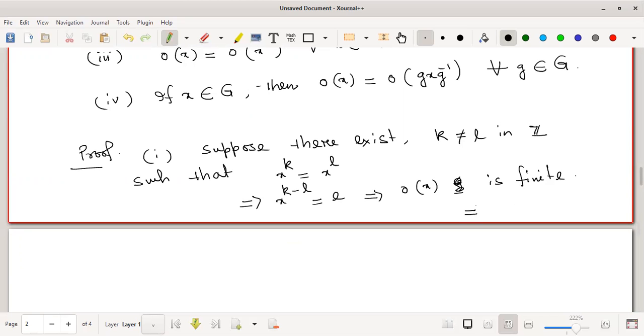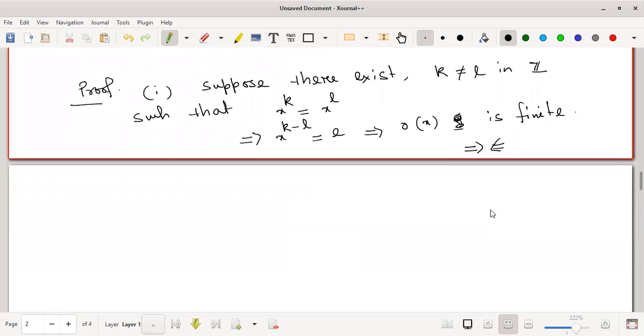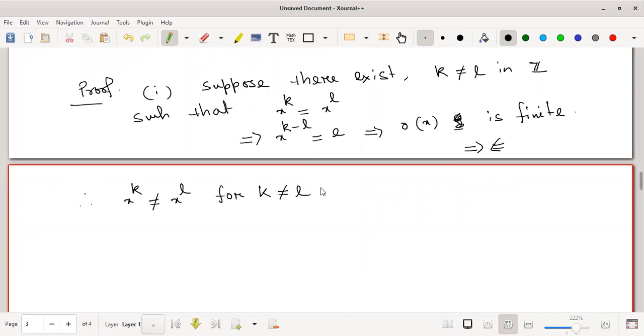So that is a contradiction. You have assumed the order of x is infinite. So this is proved. Therefore x to the power k cannot be equal to x to the power l for k not equal to l in Z. Okay, fine.